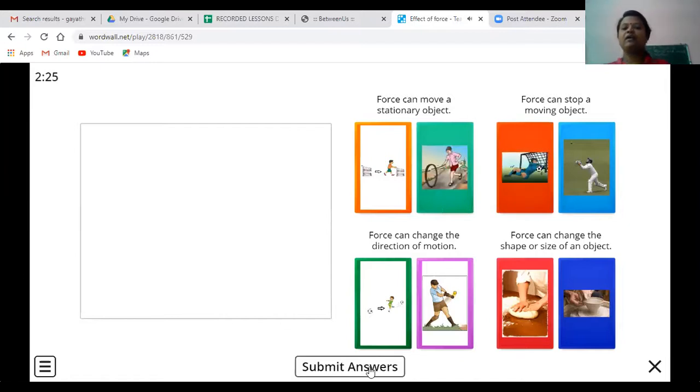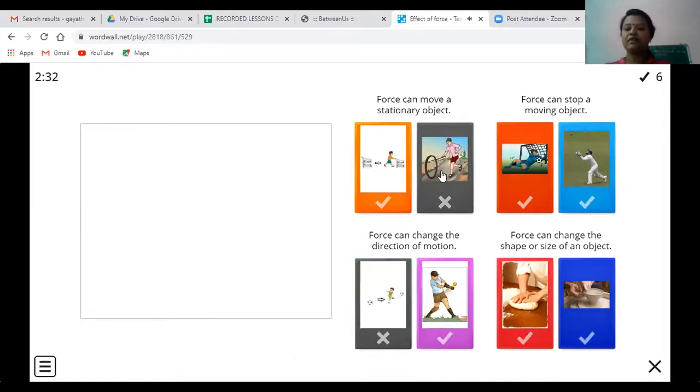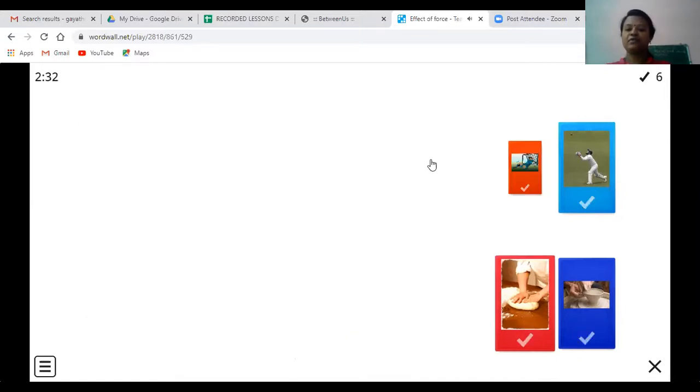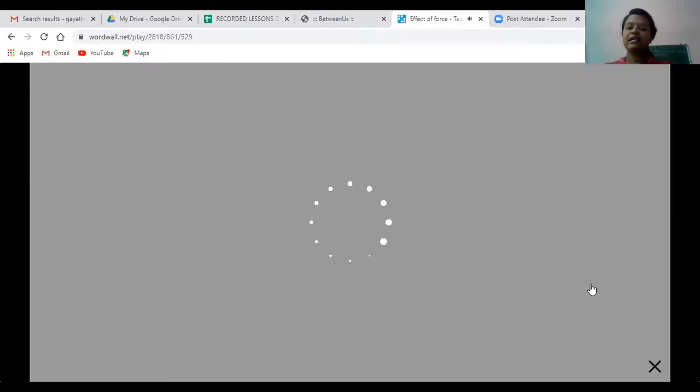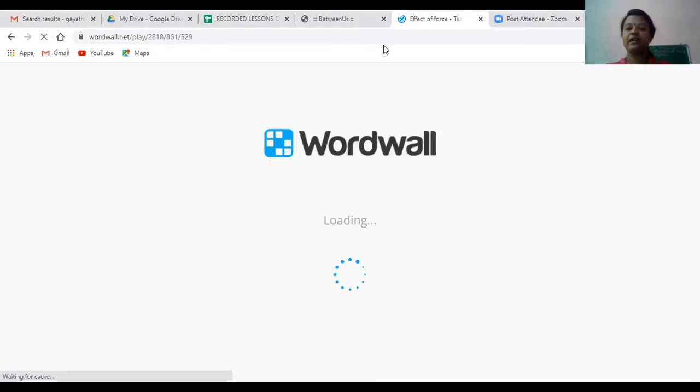So in this way, we have seen the arrangement, and look at the answers alongside, where we see that force can have four different effects when it is applied to an object.